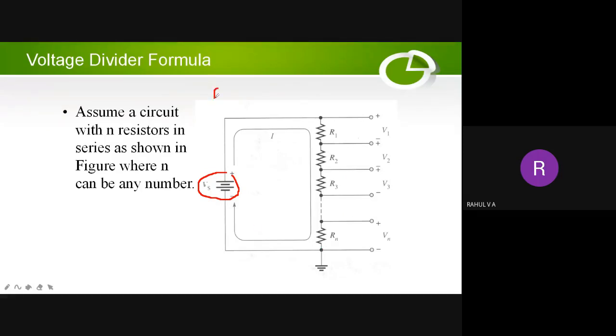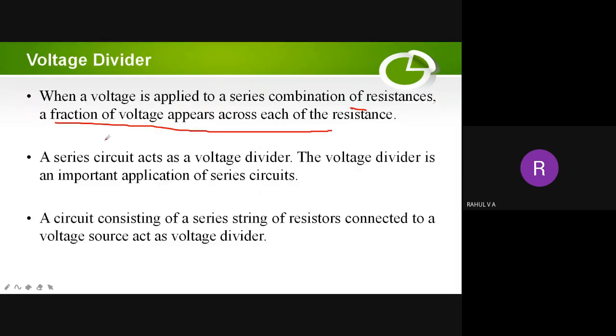For example, if I am applying 50 volt, this 50 volt will be divided, depending on the value of resistance, and it will come across R1, R2, R3 and Rn. So that is what our first sentence says: when a voltage is applied to a series combination of resistances, a fraction of voltage appears across each resistance.